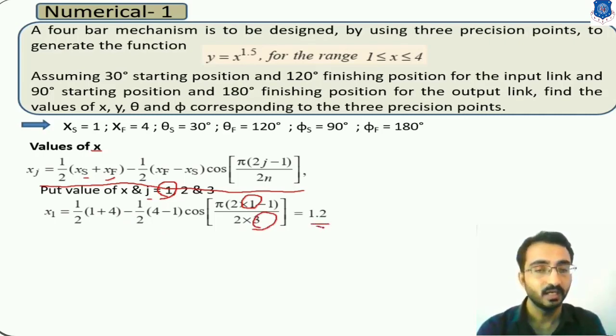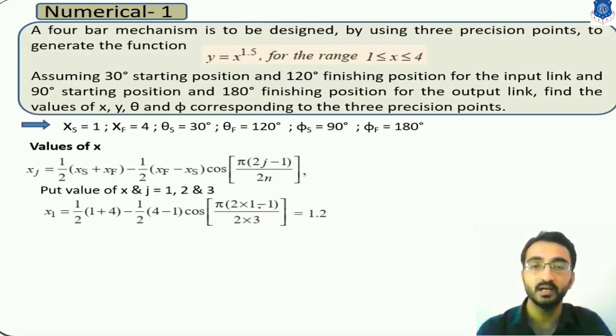Similarly, to get the second precision point x2 in this numerical, we only have to make a change in the value of j. All the rest of the terms remain as they are, because xs and xf remain the same for all the values of x.